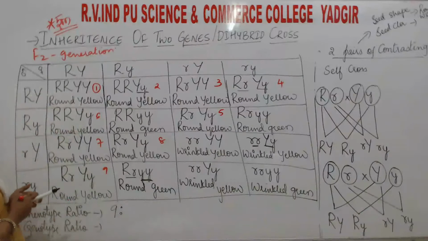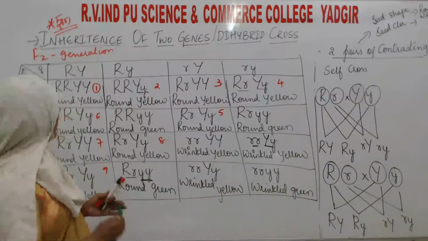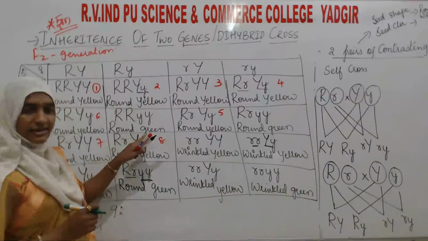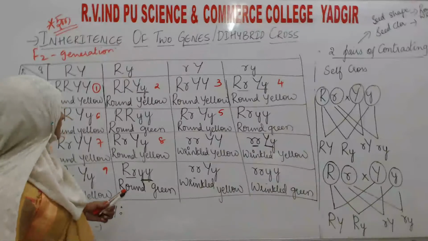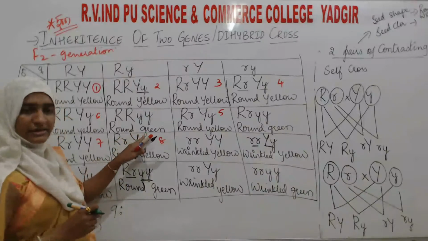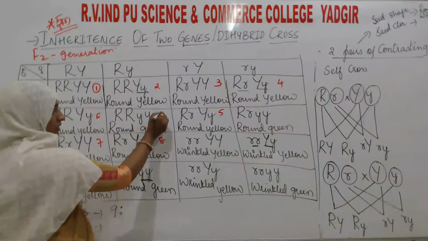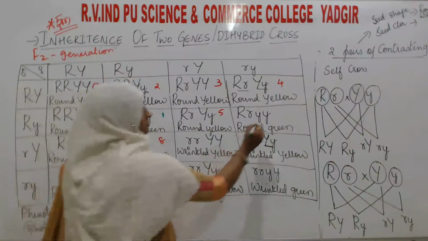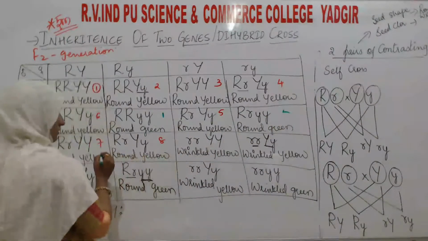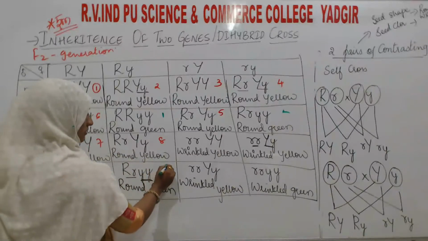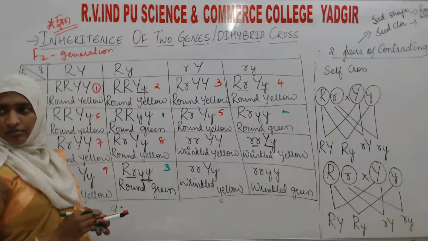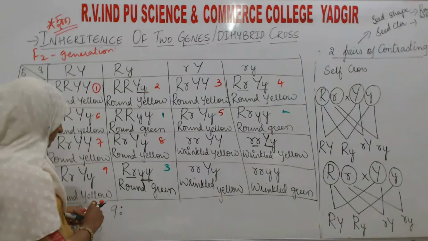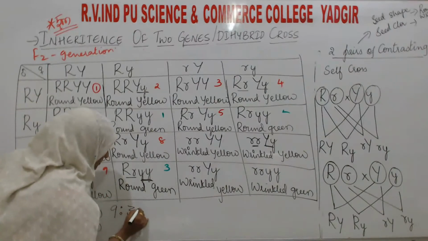Then next one. After round yellow, one more character is there: round green. Round green 1, round green 2, then round green 3. Okay, then it will become 9:3.